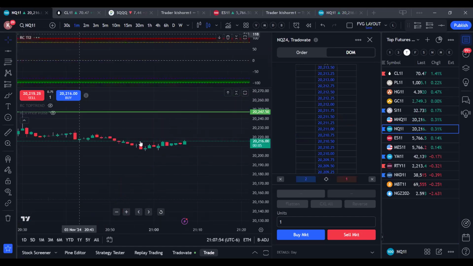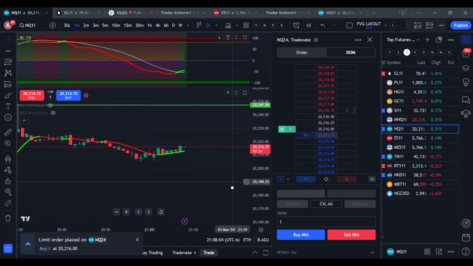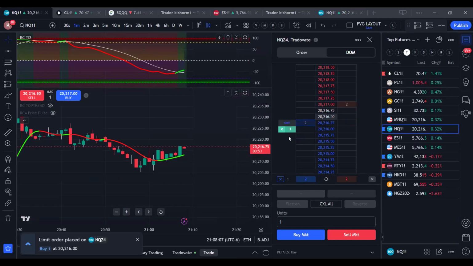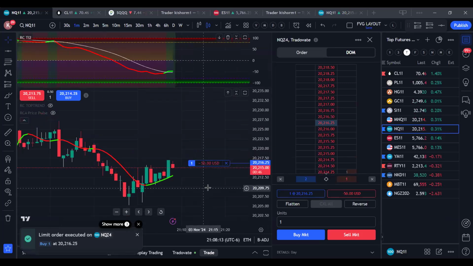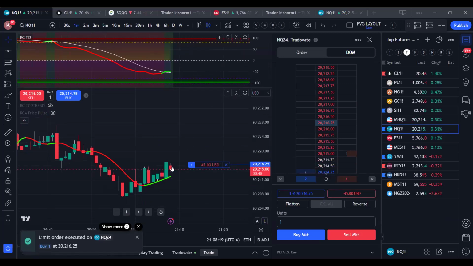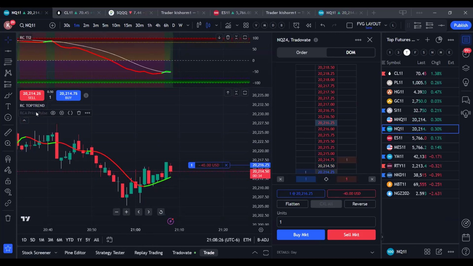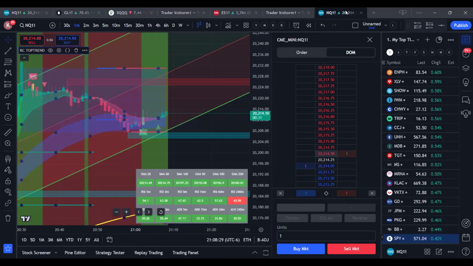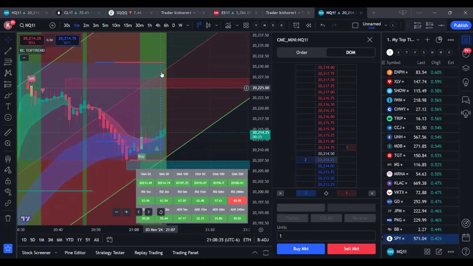But if you see 1 minute, you see that one more time they will try to take it up and then they will bring it down. Minimum they will take it until 225, 226.